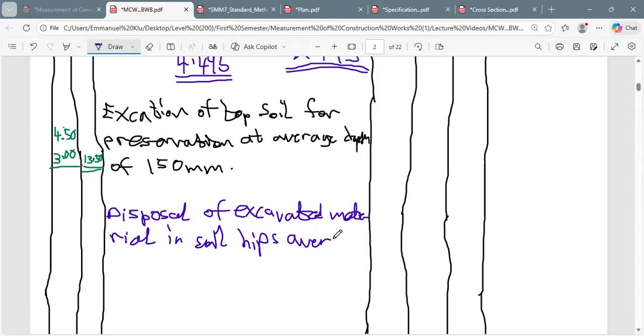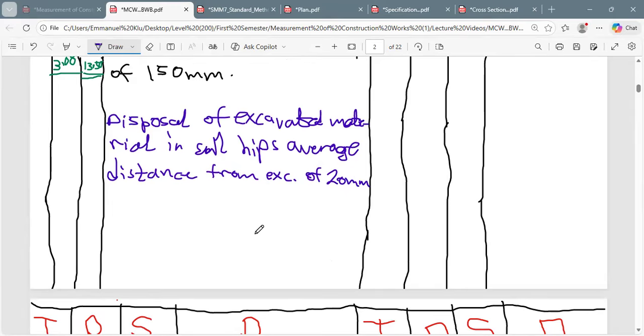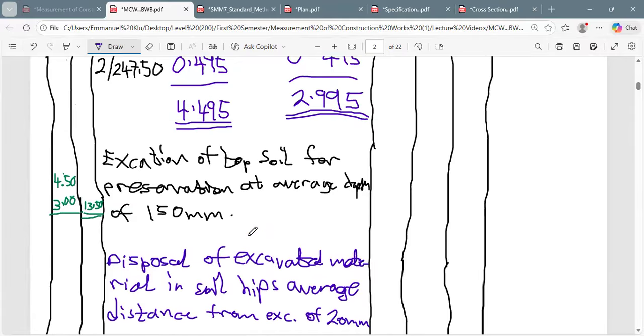Average distance from excavation of 20 m. Okay, all right. So I believe I'm done with this description.